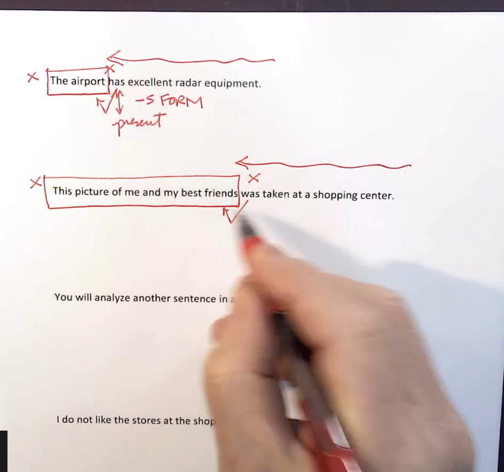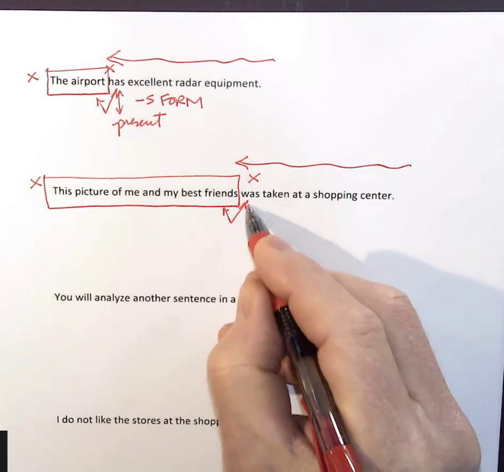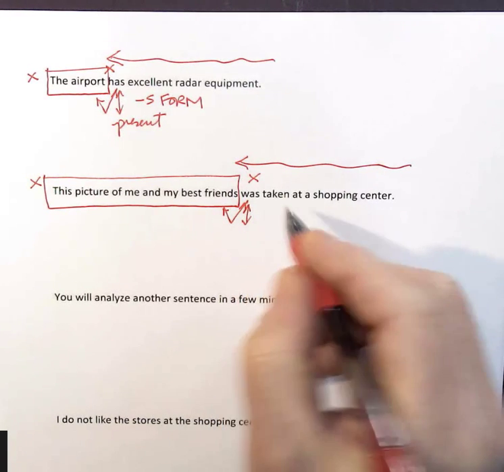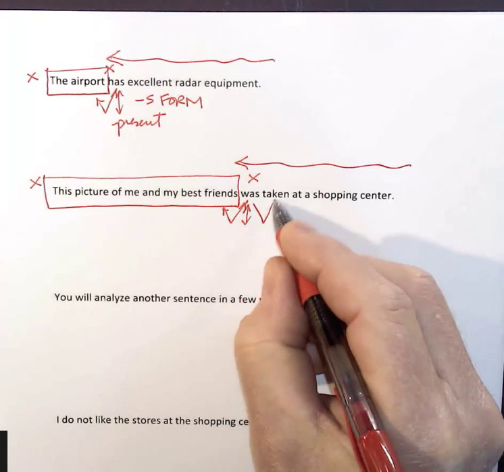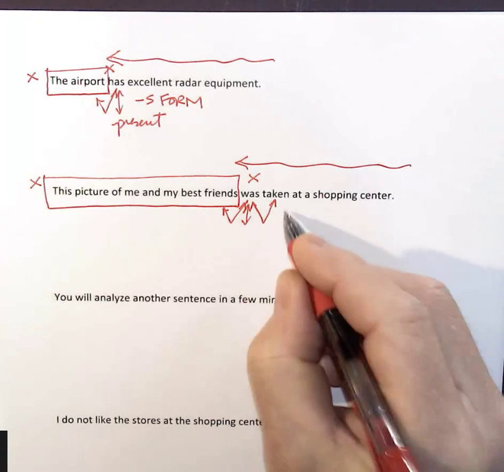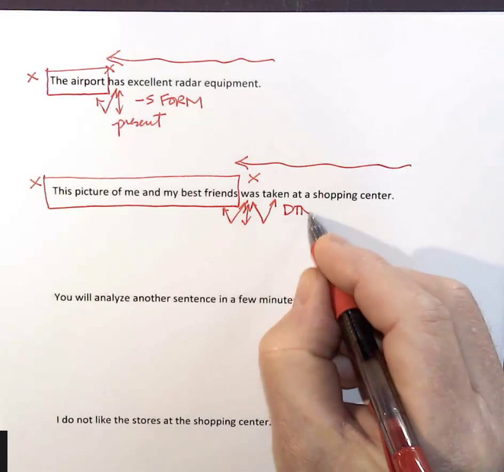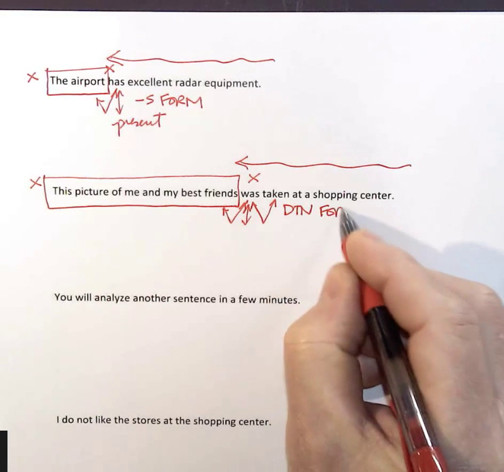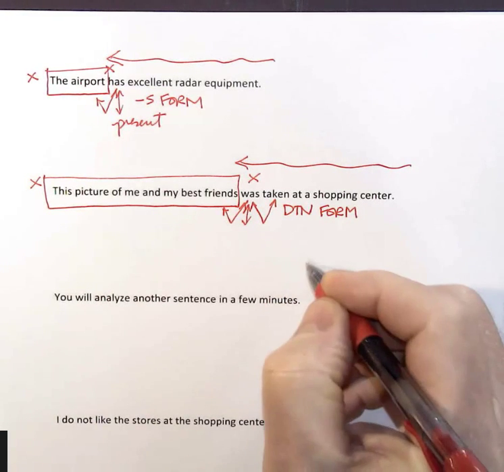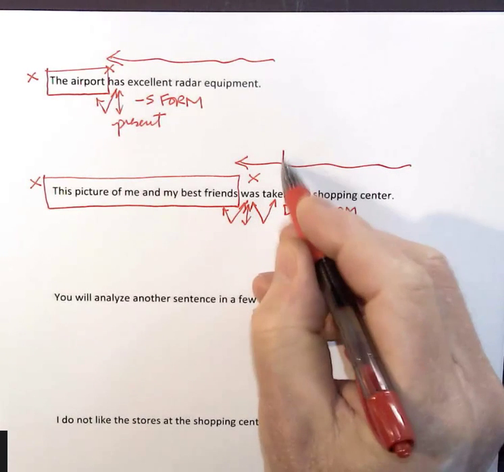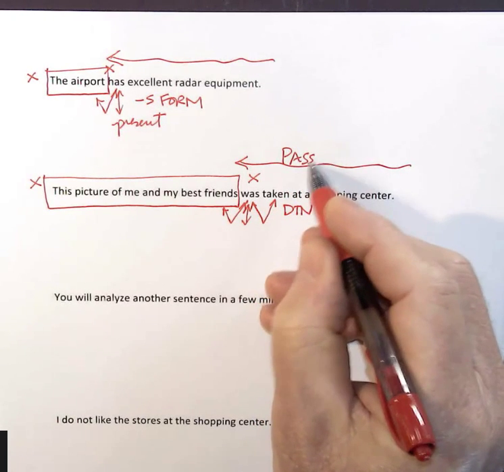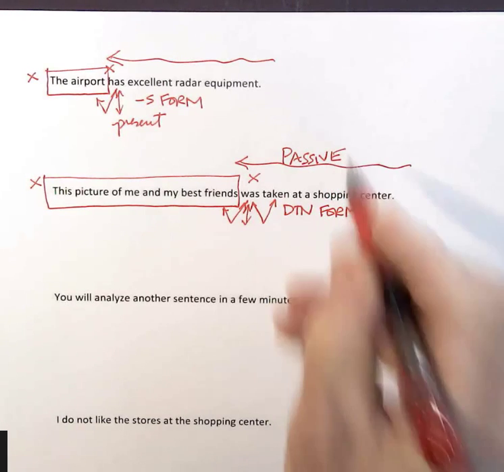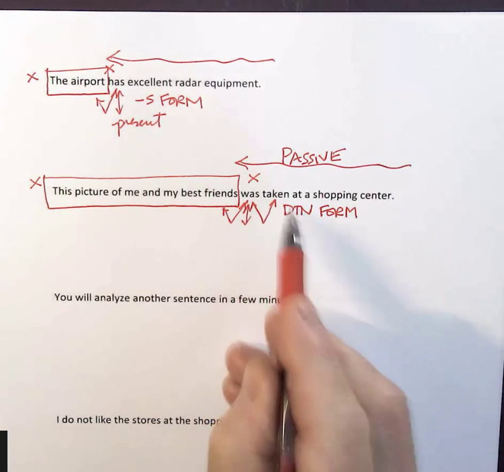Was ties with the subject. Was ties with the past, and was ties with the verb taken. This is a DTN form, and actually this is an example of a passive sentence where was ties with the DTN form.